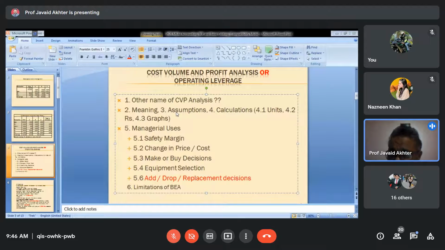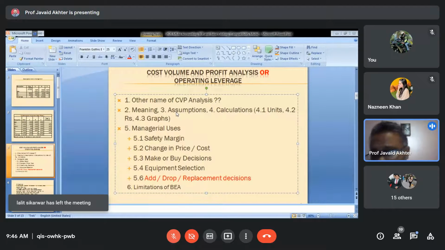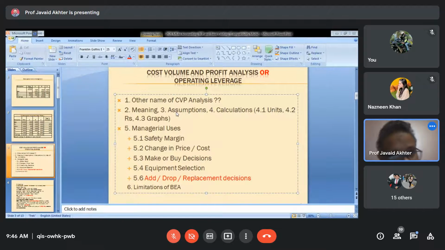So are the assumptions clear to you? Or do you need some clarification on the assumptions? If some clarifications are needed, you can ask. Otherwise, I'll explain the calculation part, and then we will stop here. I'll take some data, and with the help of that data, I'll provide you further information. If you have any question up to this stage, you may seek clarification from me now.